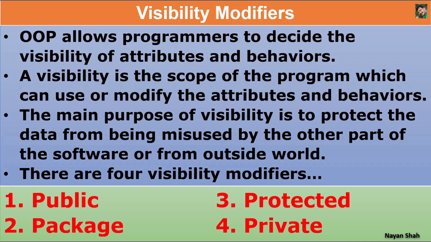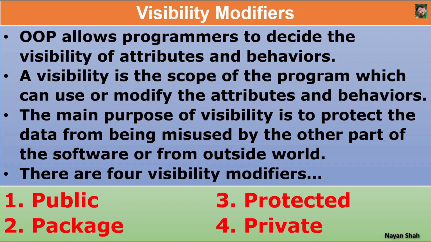In simple language, visibility is used with attributes, that is variables, and behavior, that is methods. So whenever we use visibility with variables and methods in our program, it decides which part of the program or other program can use that variable or method. So we restrict the visibility in different ways. So we have 4 visibility modifiers.